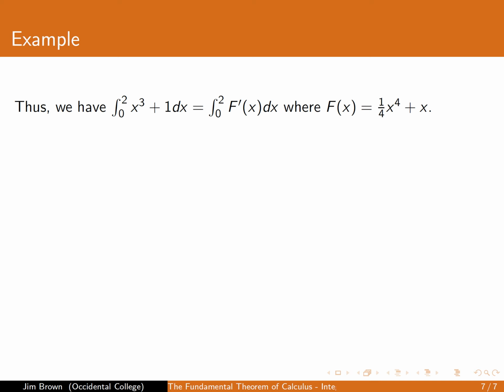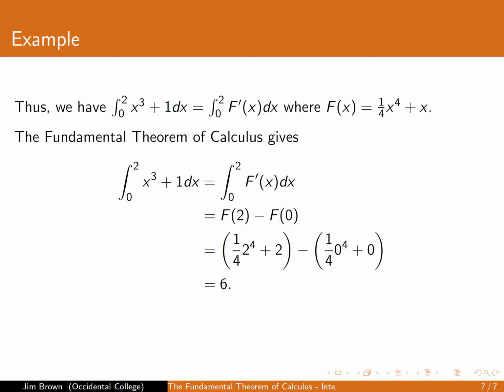So that means that the integral from 0 to 2 of x cubed plus 1 dx is the integral from 0 to 2 of F prime of x dx, where F of x is 1/4 x to the fourth plus x. Now if we use the fundamental theorem of calculus, this first line here is just an equality because F prime of x is x cubed plus 1.